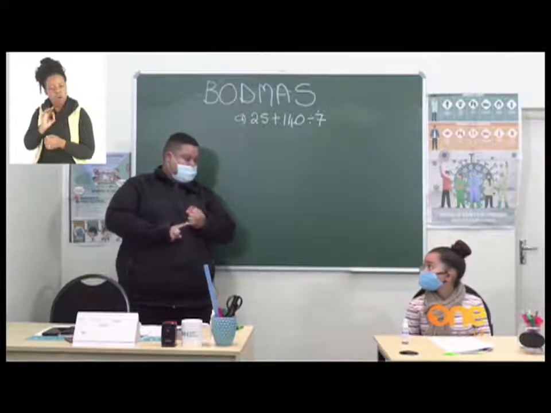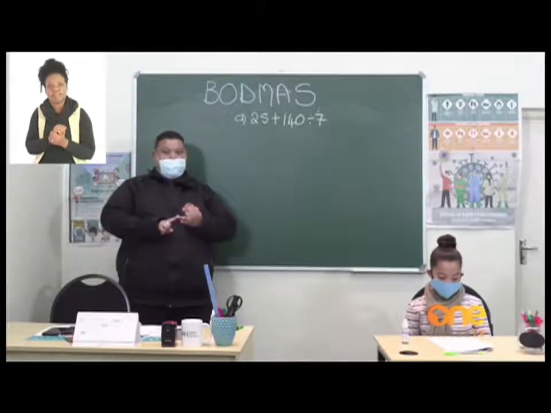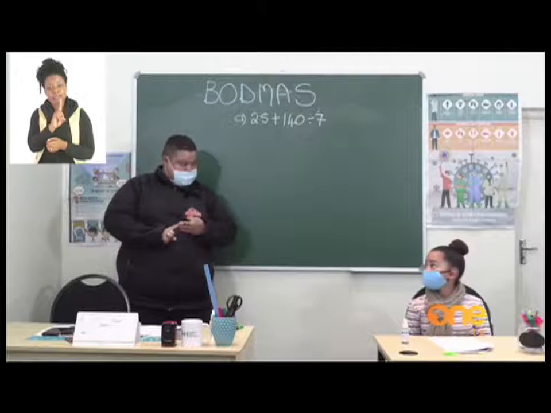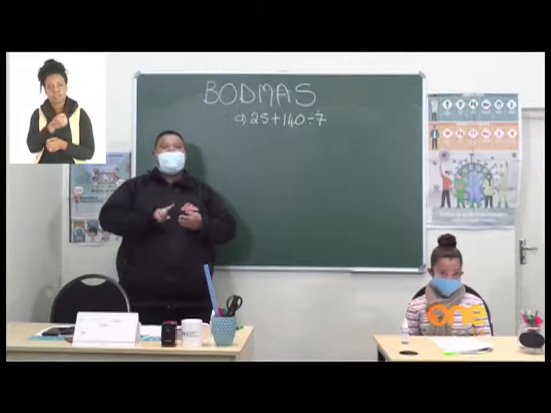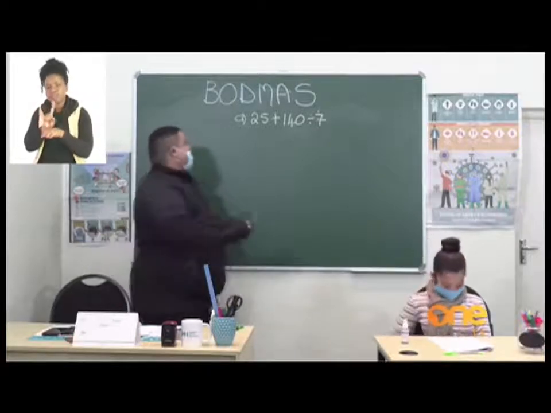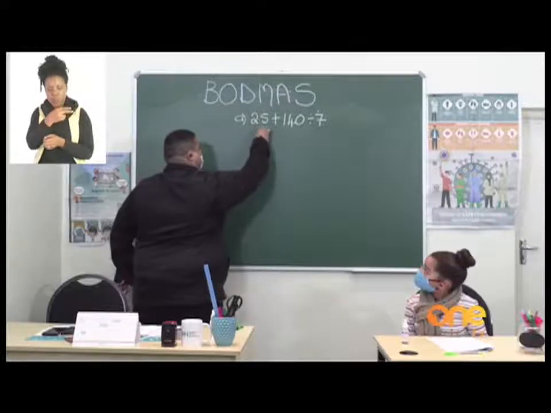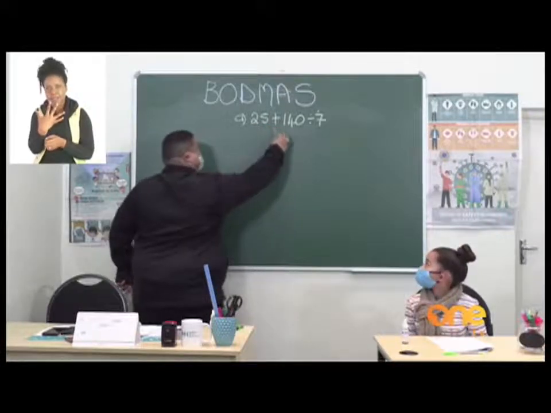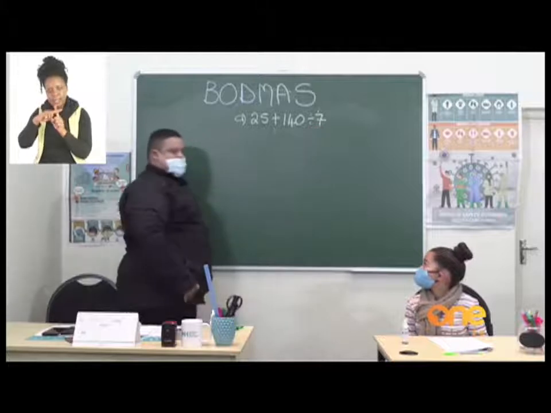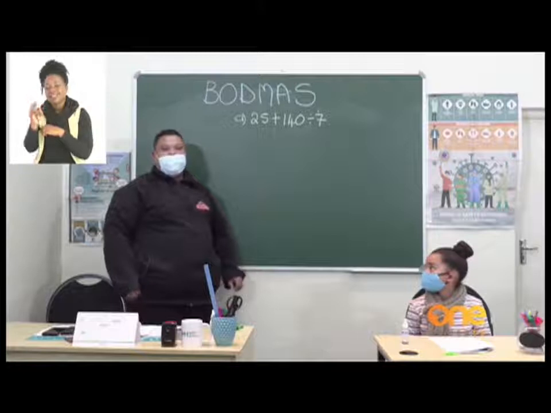Do we have any brackets? No. Do we see the word of somewhere? No. Do we have a division sum? Yes. So that part of the sum we will do first. So we will say equals 25 plus, and now we do the sum first: 140 divided by 7.